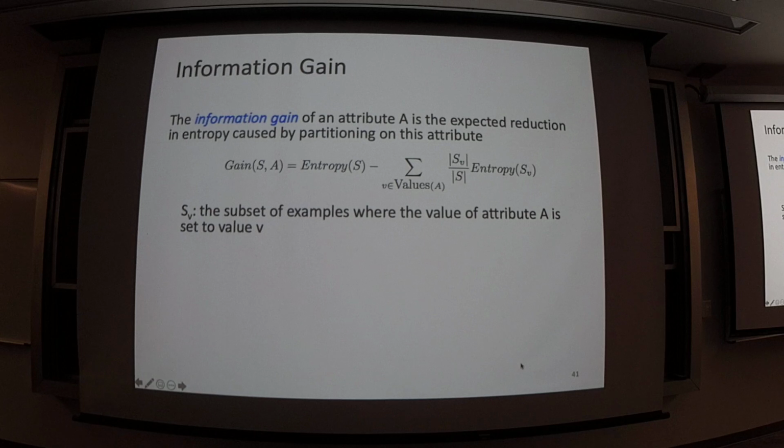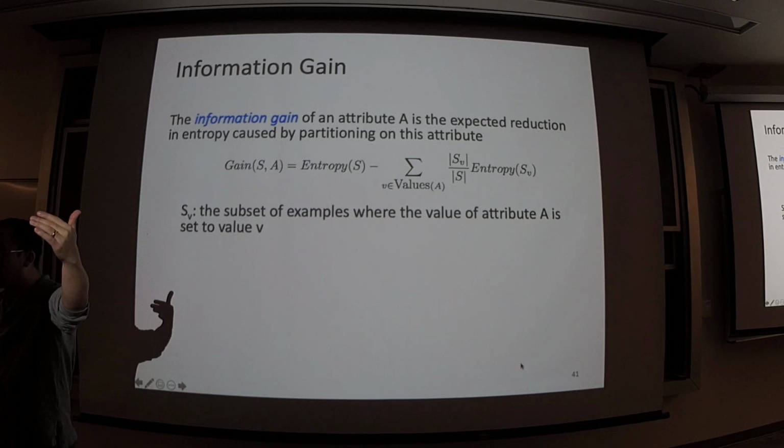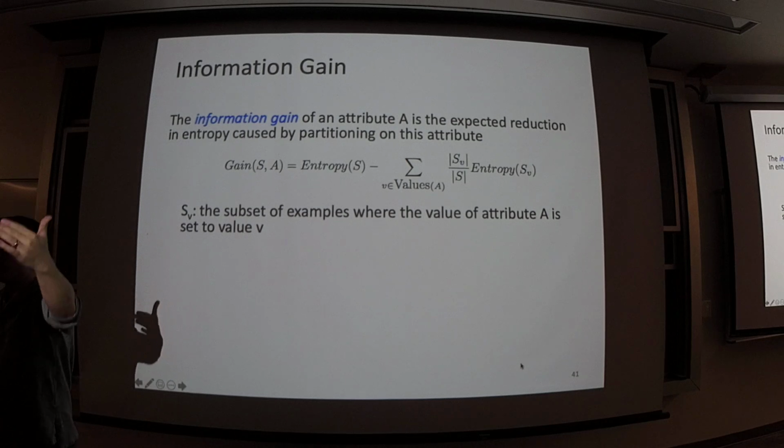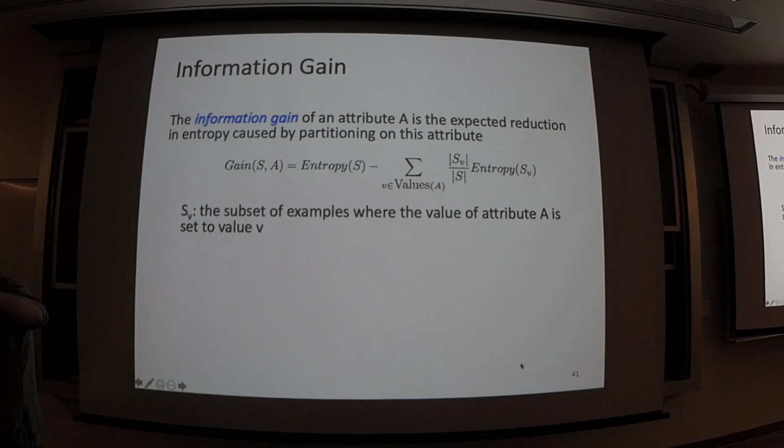Yes. Remember, entropy represents uncertainty. The larger the entropy, the larger the uncertainty, which means the worse the purity. So a decrease of entropy means an increase of purity, and information gain measures the increase of the purity. So I want to find a feature which increases purity best.